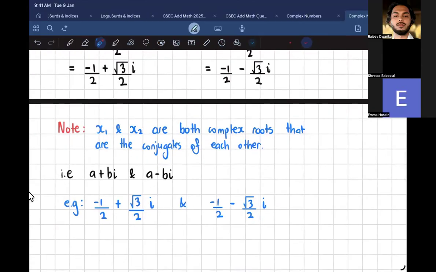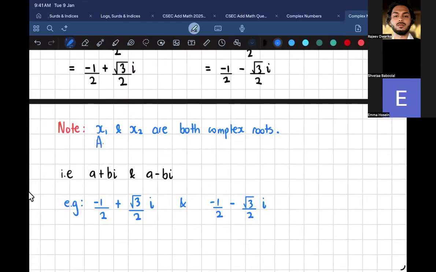And so maybe I could write this a little better. So x1 and x2 are both complex roots, right? I'll write a more standard statement. But the reason why they exist as conjugate pairs is the nature of the quadratic equation, the plus or minus there. Mm-hmm. Right? So x1 and x2 are both complex roots.